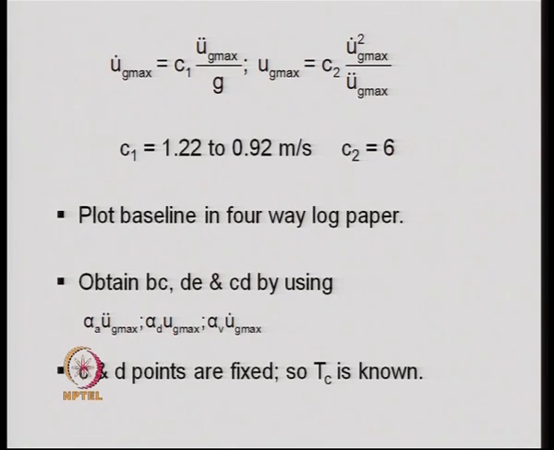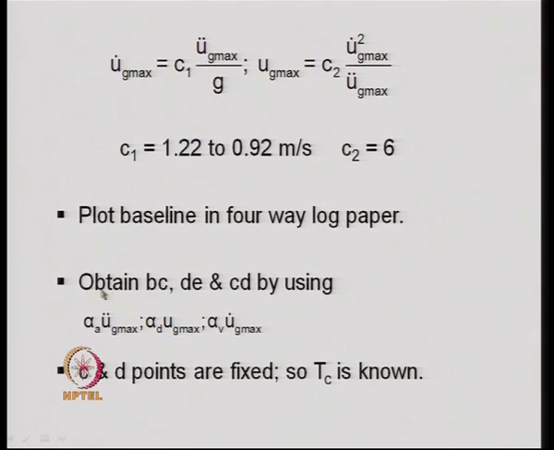So, once we have the specified values of the maximum ground acceleration, and from that we have obtained the maximum ground displacement and maximum ground velocity, then in a tripartite plot we can have a baseline plot in the 4-way log paper. That means that baseline plot will simply show the peak ground acceleration, peak ground velocity and peak ground displacement.